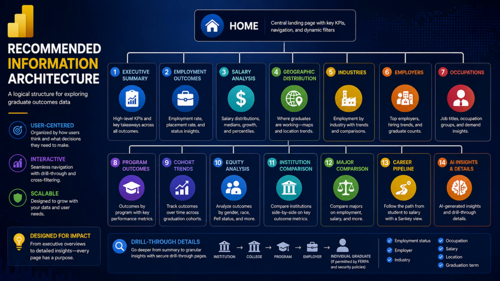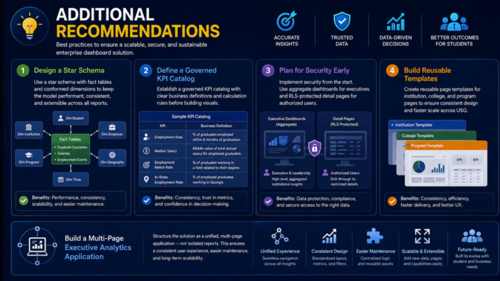The final product should not feel like a folder full of reports. It should feel like an application. The home page leads to executive summary, employment outcomes, salary analysis, geographic distribution, industries, employers, occupations, program outcomes, cohort trends, equity analysis, institution comparison, major comparison, career pipeline, AI insights, and finally, drill-through details.